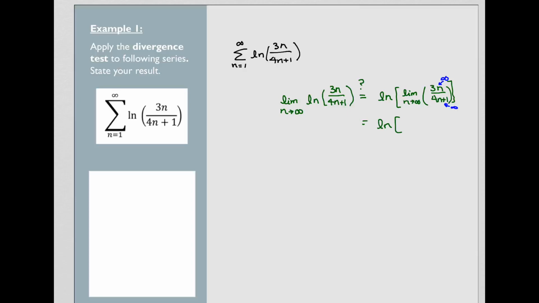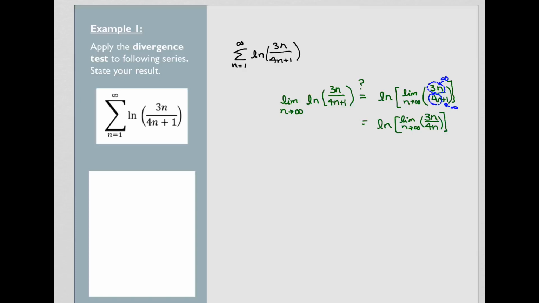It's a good candidate for L'Hopital's rule if we wanted to. Or simply, the way that I've been looking at them is that when you have a polynomial over a polynomial, recall, only the highest degree terms are what really matter. Those are the only things that are getting affected when you're taking a limit as n goes to infinity. So as n goes to infinity, really, the only thing I'm worried about is the highest degree on the top polynomial and the highest degree on the bottom.